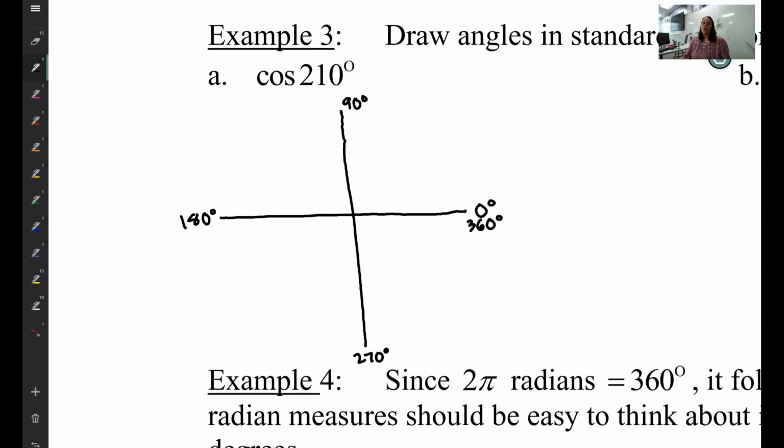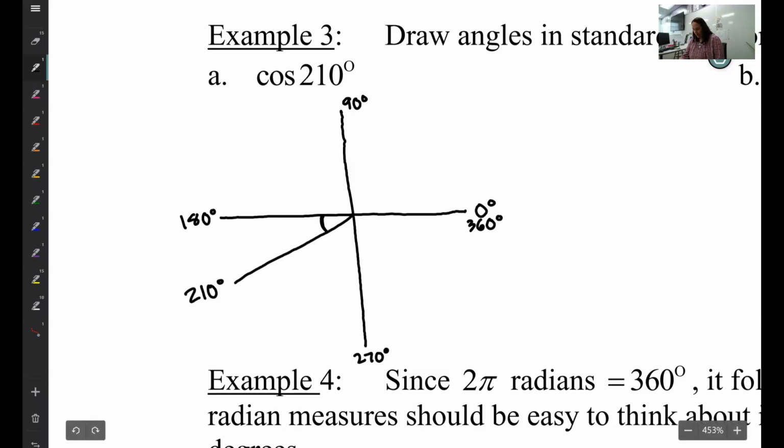210. What quadrant is it going to be in? Excuse the bell. So I need to think, what quadrant is 210 going to be in? Well, 210 is going to be in quadrant 3, because 210 is a little past 180.